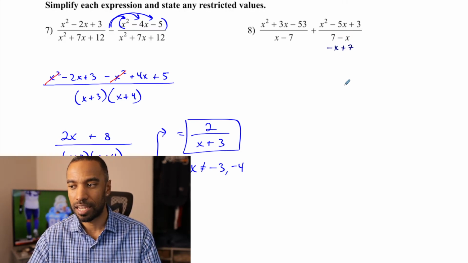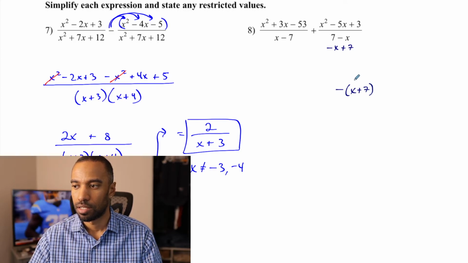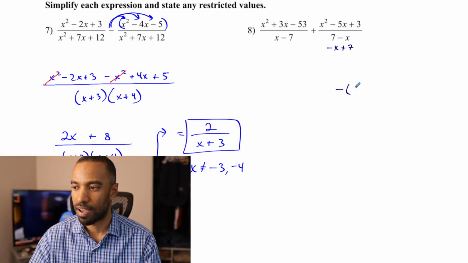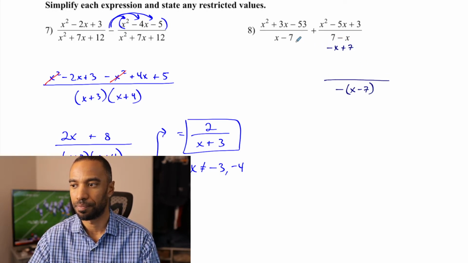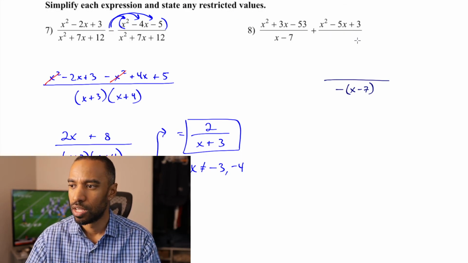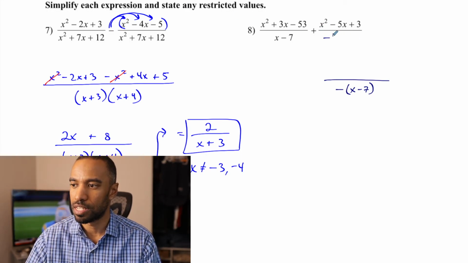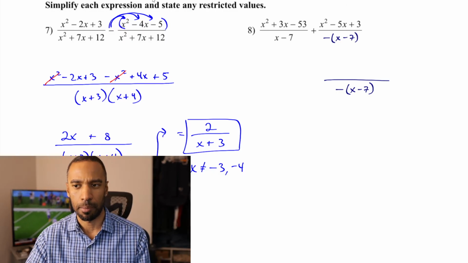We can factor a negative out of here, and you'll be left with x minus 7 like that. So there's an equivalent of this thing that can be written like this. This is the equivalent of the opposite of x minus 7, which now gets me essentially a common denominator, right?